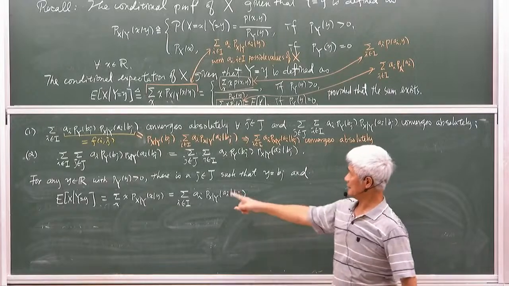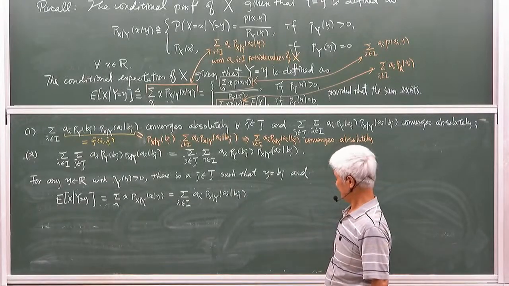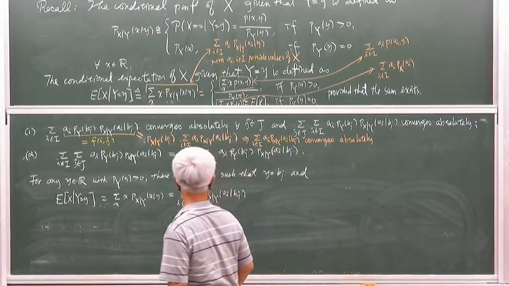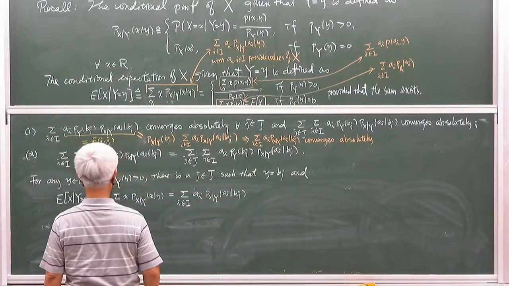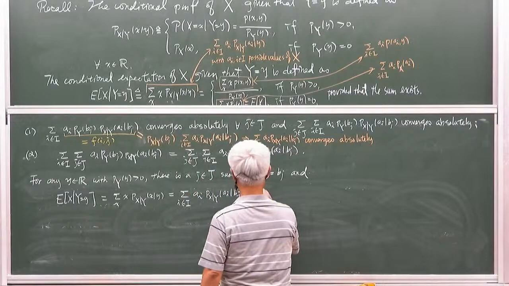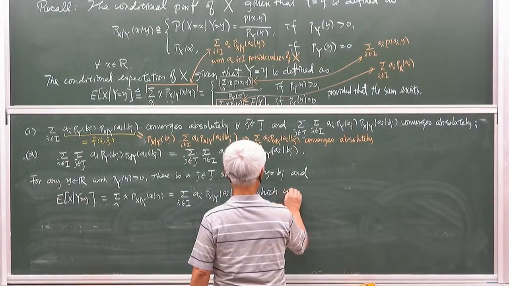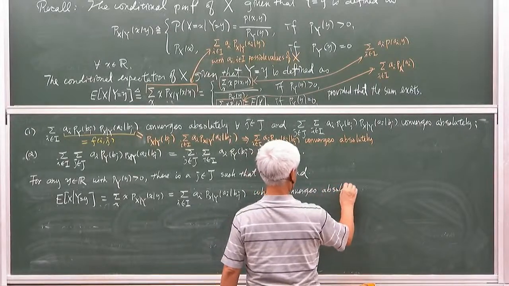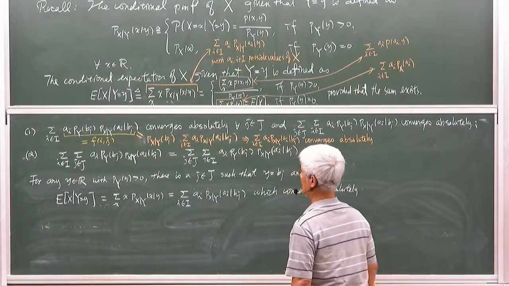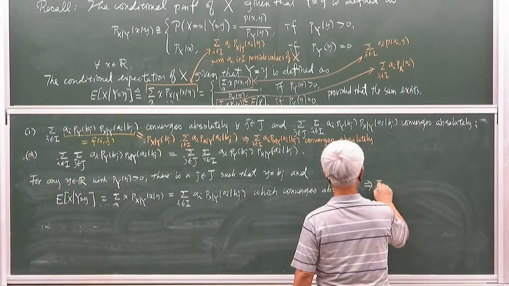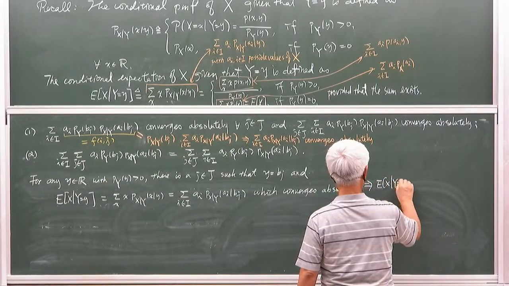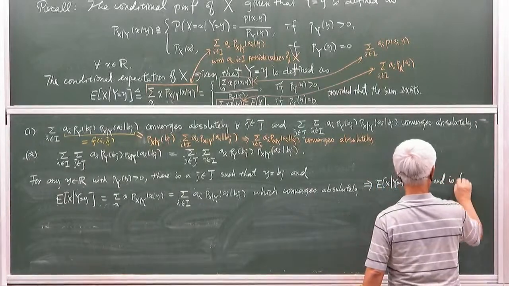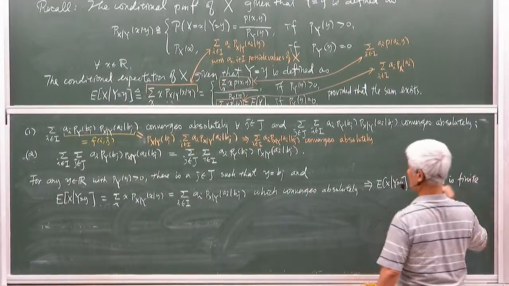So this sum converges absolutely, which implies that the conditional expectation exists and is finite.